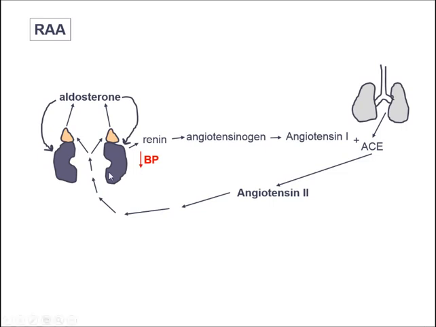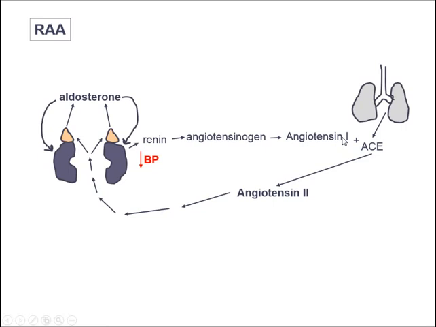In response to low blood pressure, the kidney will release a substance called renin. Now, in the blood already, we will have this inactive substance called angiotensinogen. When renin joins angiotensinogen in the blood, it will be converted to angiotensin 1.